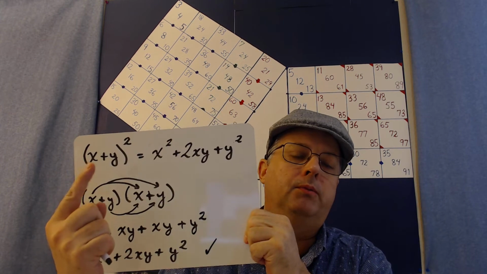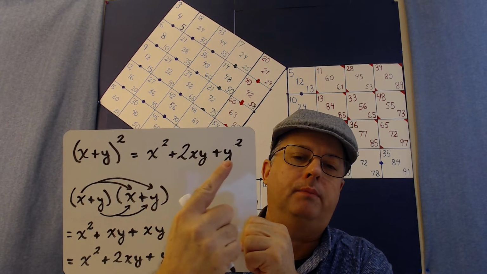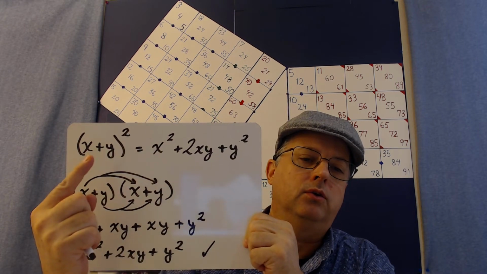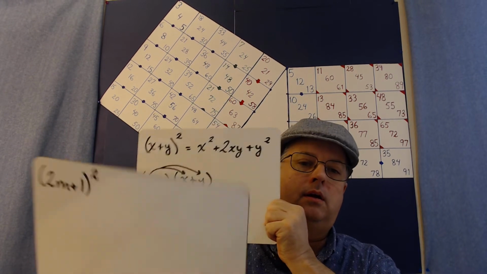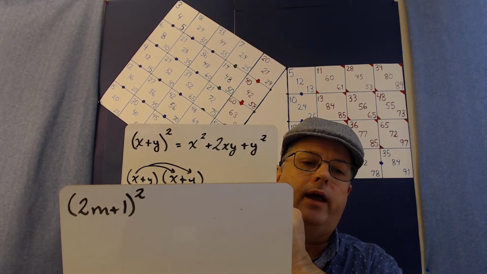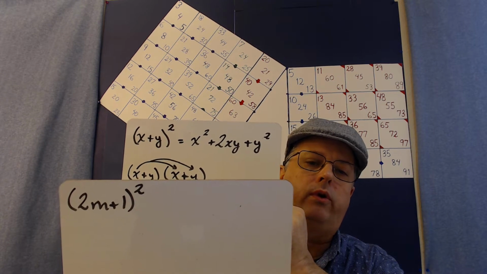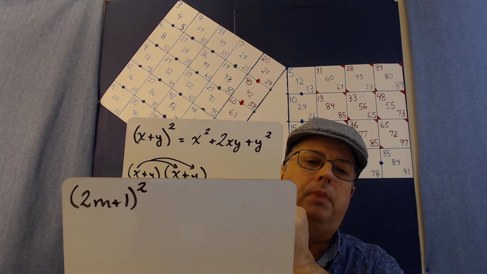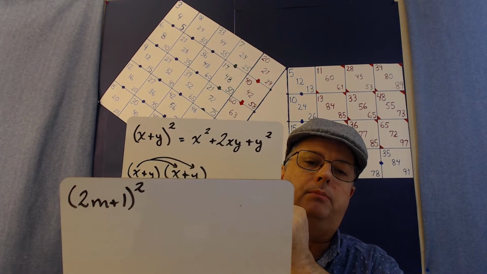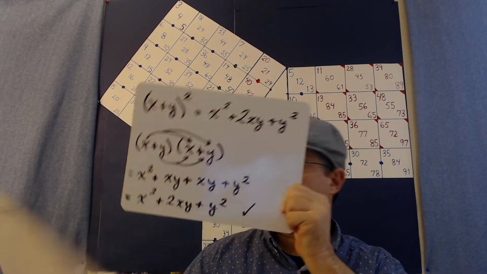Remembering our formula, when we have x plus y squared, we'll get x squared plus 2xy plus y squared. So the x is the 2m, and the y is the 1. We're just going to replace x with 2m and replace y with 1 in our formula up here.